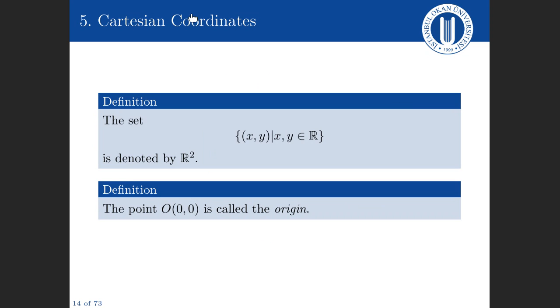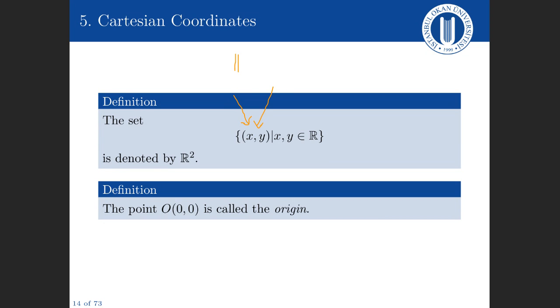The set of all points in the plane, all of the points x, y. We have a number x, which is a real number. We have another number y, which is a real number.